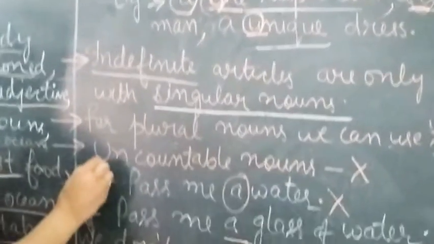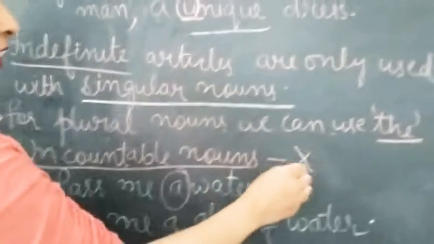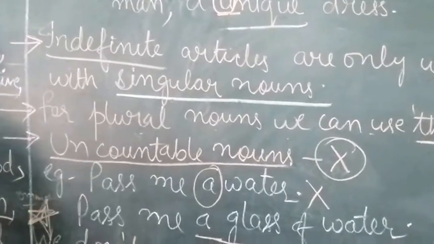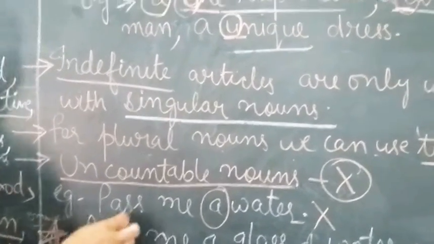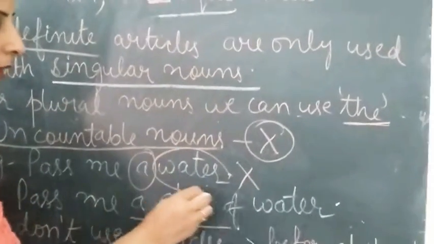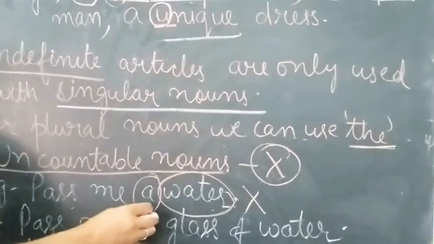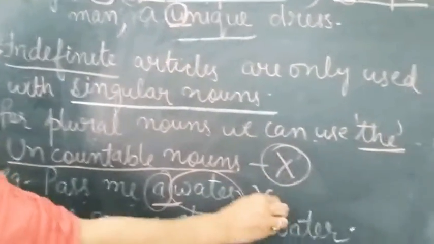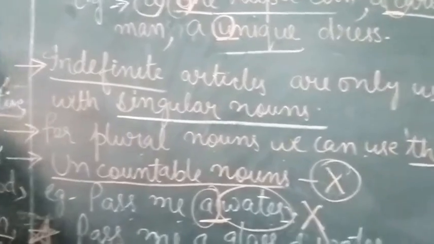Then with uncountable nouns we don't use any article. Like here I have taken one example. Pass me a water. Water is uncountable. We never say pass me a water. This is wrong. So how can we say it?